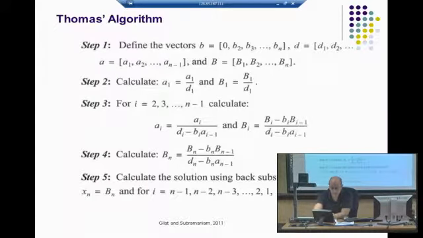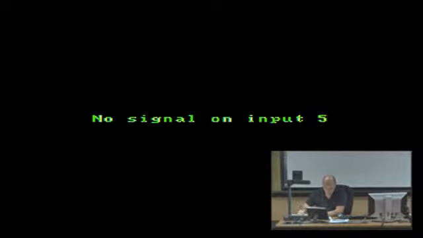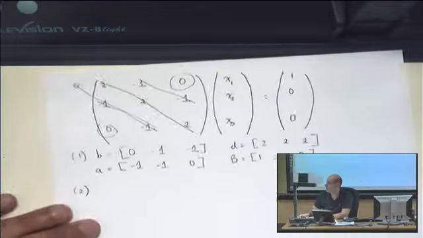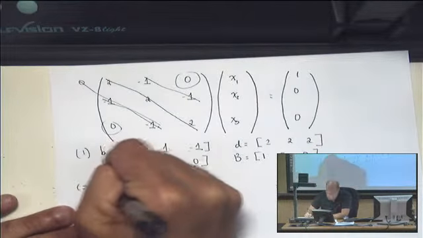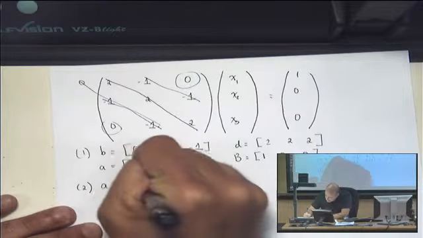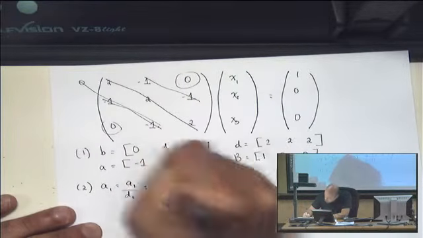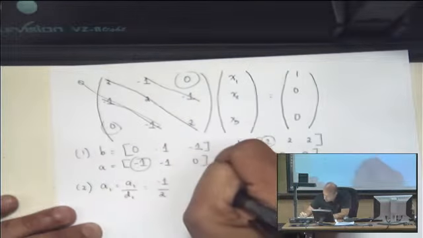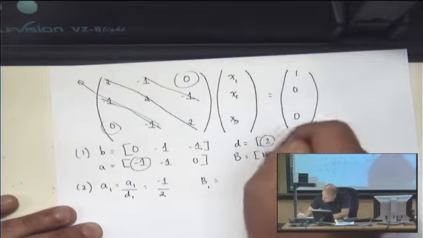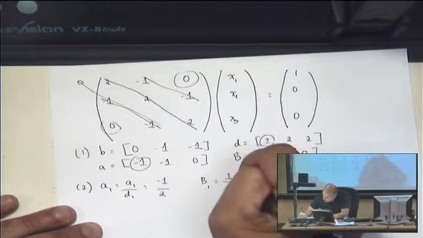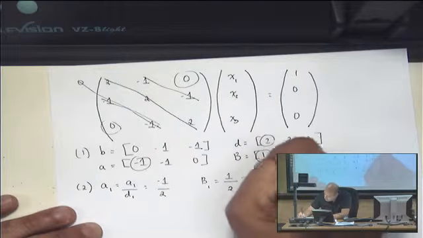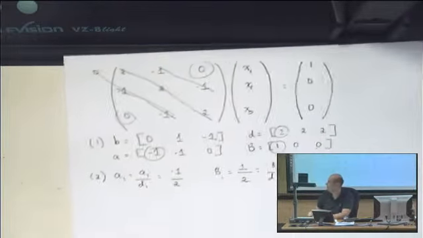So little a1 is a1 divided by d1, so that's -1 over 2, because a1 was -1, d1 was 2. Big B1 is 1, divided by d1 which is 2, so it's 1/2.